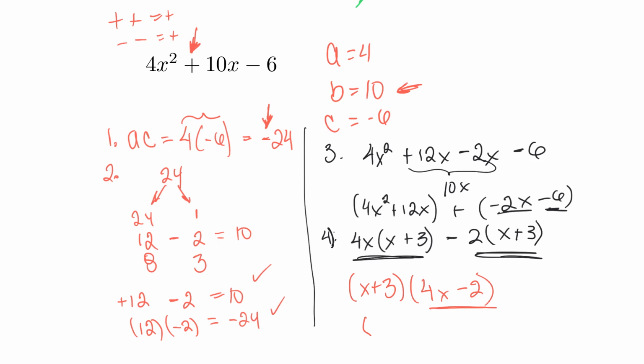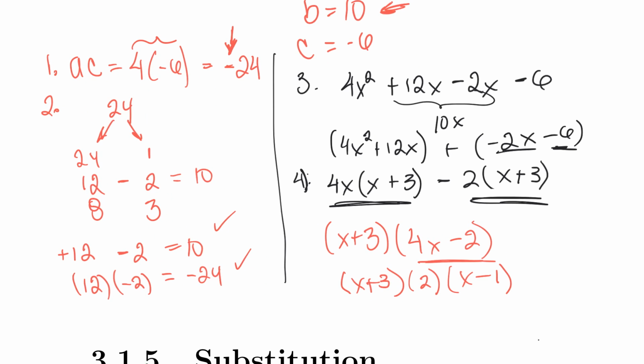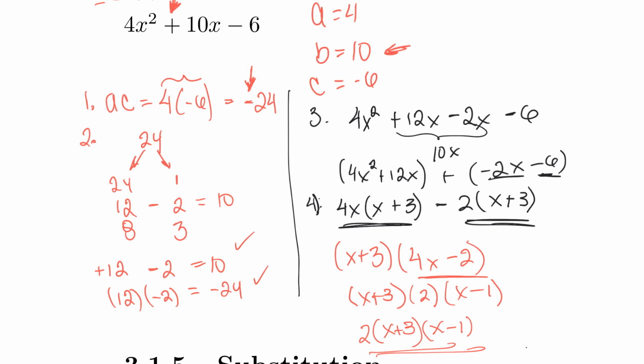So we have x plus 3, and the common factor of the other parenthesis is 2, times x minus 1, right? So let's write this in a more organized way. We can have 2 that multiplies x plus 3 that multiplies x minus 1. And this is the final answer. This will be the factorization of this polynomial.